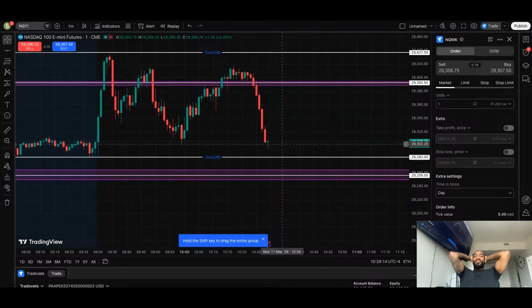It's a waiting game. We're just being patient. So like, you see this green candle looks like it's about to try to head back.